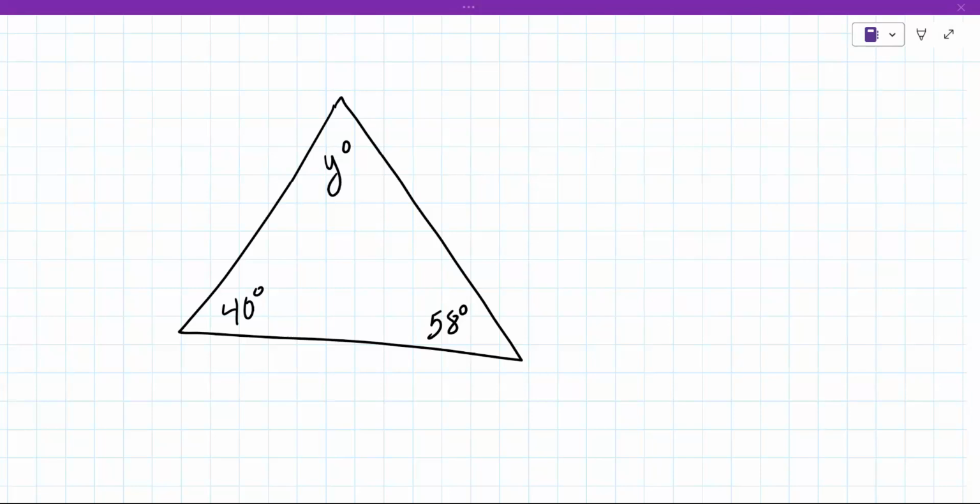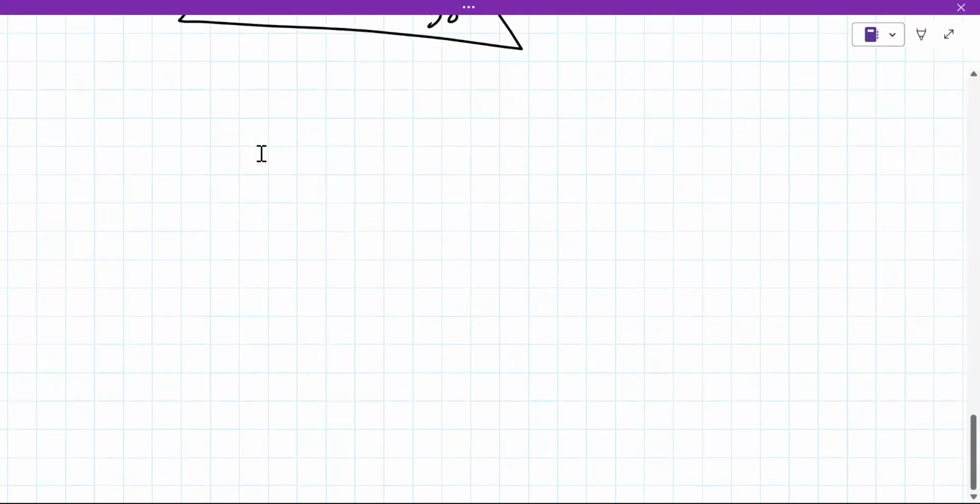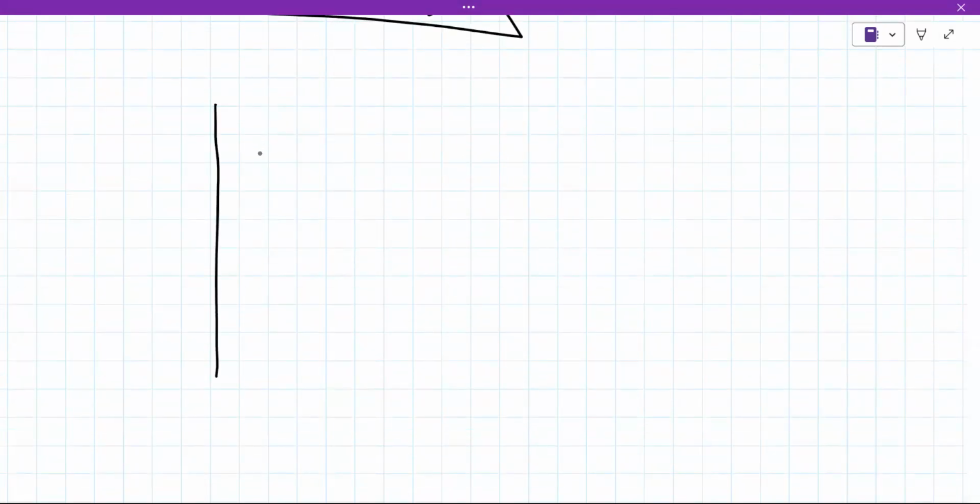They're 82. Yeah, 40 plus 58 plus Y equals 180. Okay, and so yes, Y equals 82 degrees.